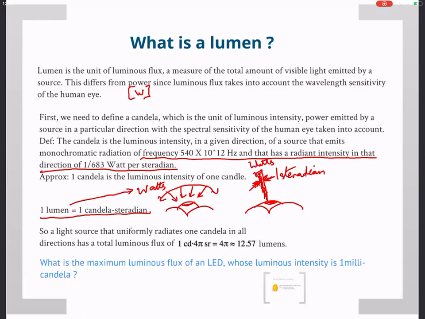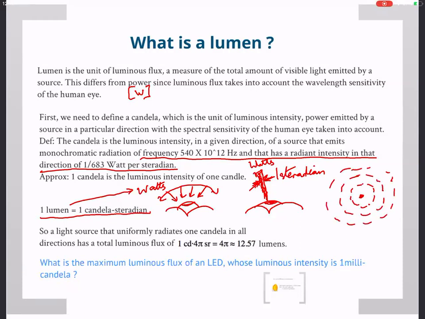If you think of a light source that uniformly irradiates 1 candela in all directions, imagine a point source emitting light in all directions, like into a sphere, just like the sun would, as we saw before.